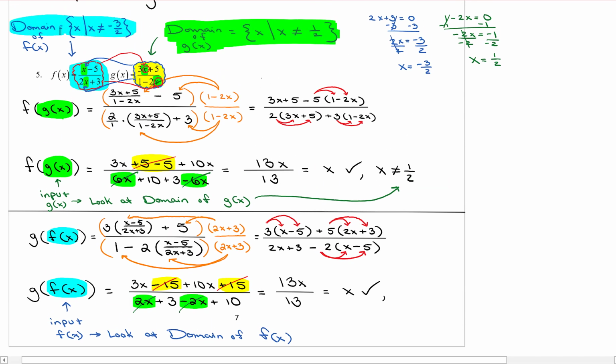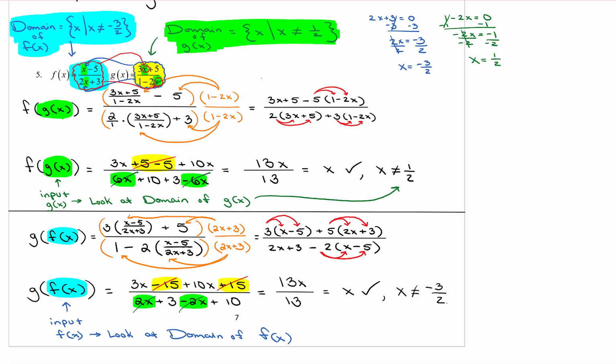I'm going to highlight it in blue so it really jumps out at you. The domain of f of x was the set of all x such that x cannot equal negative 3/2. So, therefore, we're going to write here x cannot equal negative 3/2.